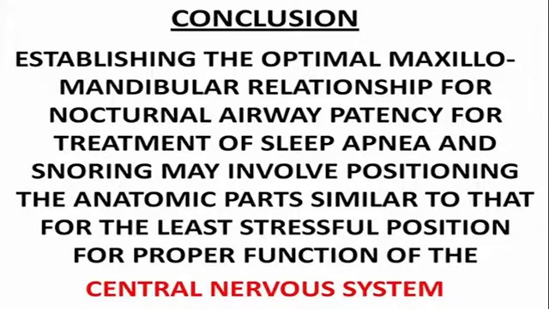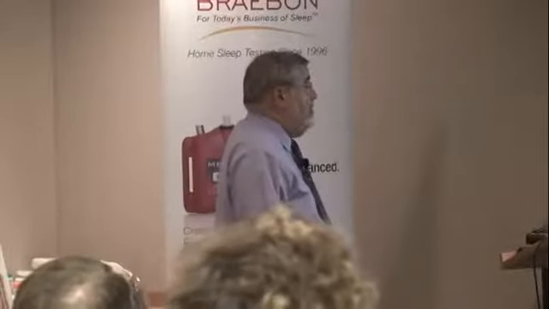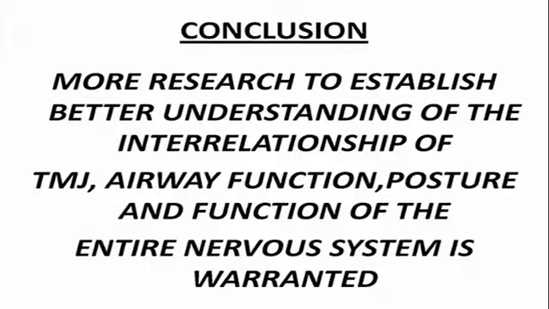Establishing the optimal maxillomandibular relationship for nocturnal airway patency for treatment of sleep apnea and snoring may involve positioning the anatomic parts similar to that for the least stressful position for proper functioning of the central nervous system. That's what we're looking for. More research to establish better understanding of the interrelationship of TMJ, airway function, posture, and the function of the entire nervous system is warranted. We need to know more.